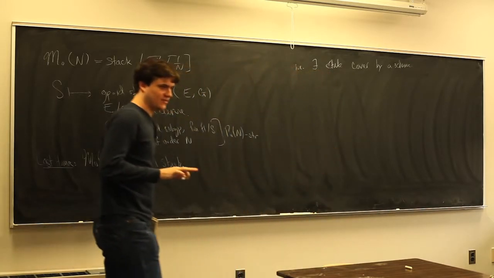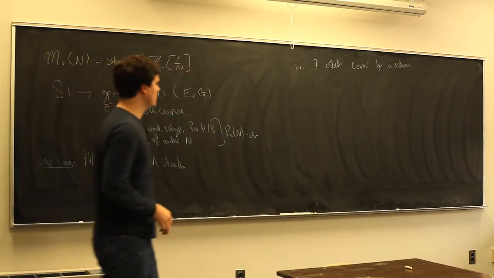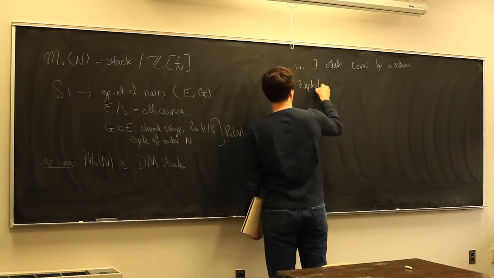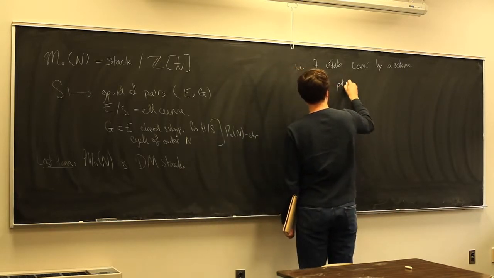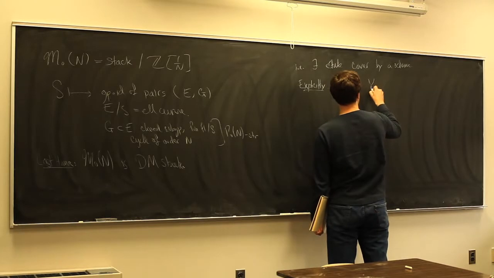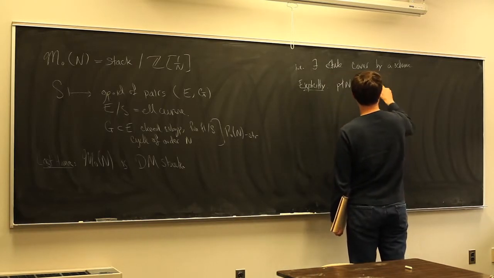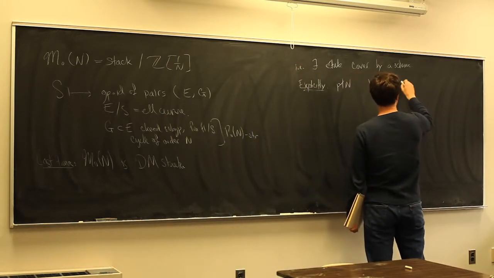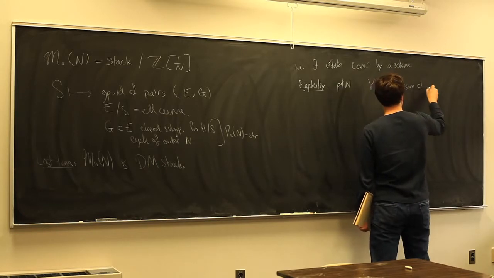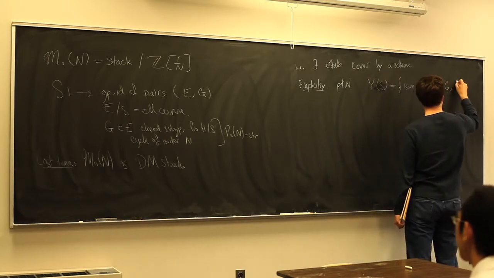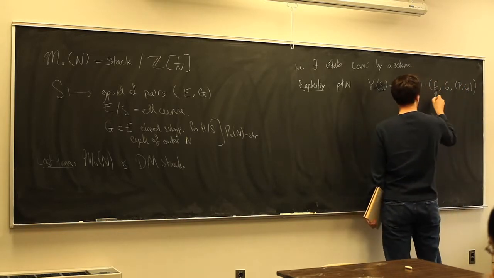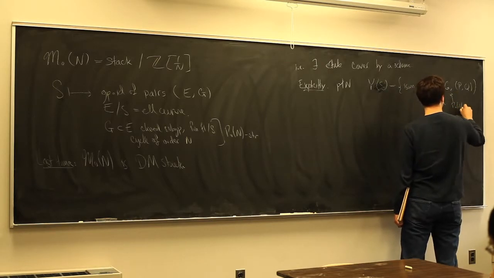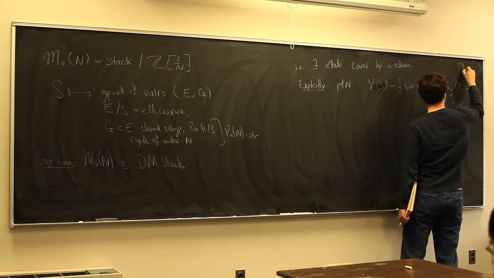And the way that we found that scheme was very explicit, right? You just looked at Gamma_p structure for p some different prime. So explicitly, if p doesn't divide n, you define a moduli problem Y, whose functor of points sends S to the set of isomorphism classes of (E, G, P, Q), where E is an elliptic curve, G is a Gamma_0(n) structure, and (P, Q) is a Gamma(p) structure.